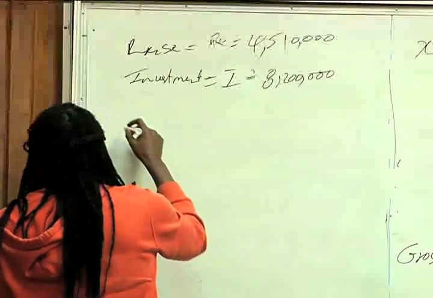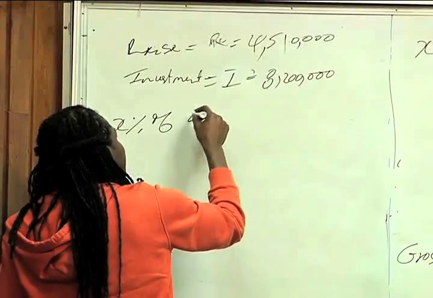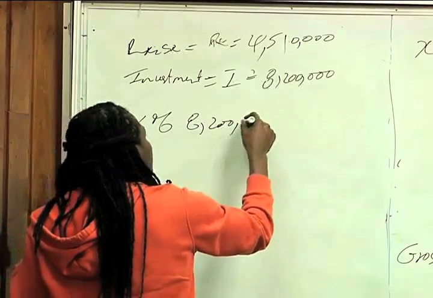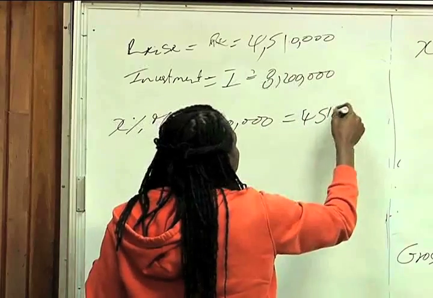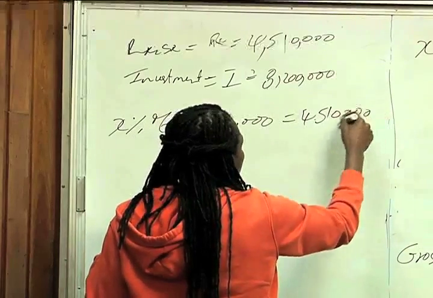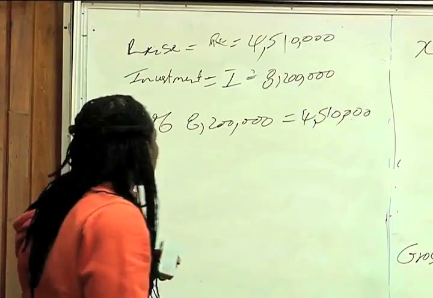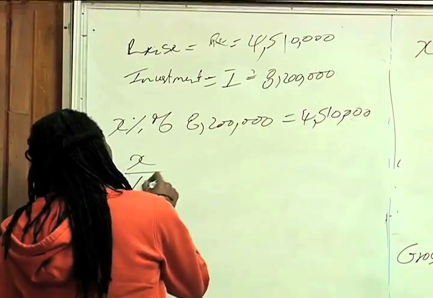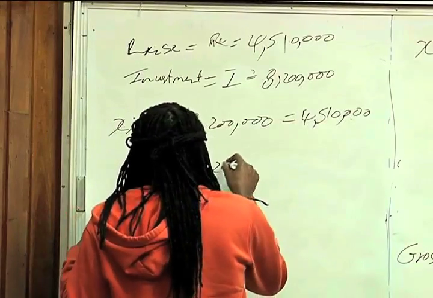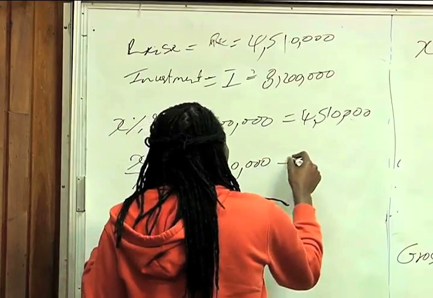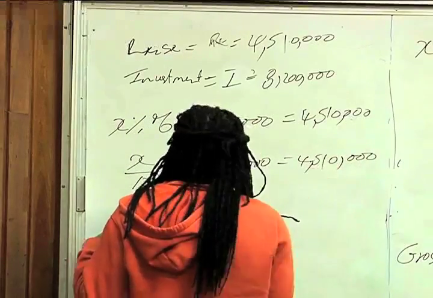And we know that X percent of 8,200,000 equals 4,510,000. So X over 100 times 8,200,000 equals 4,510,000.